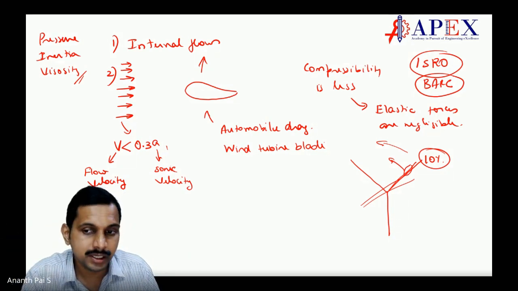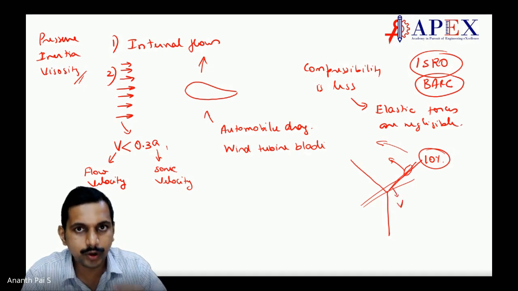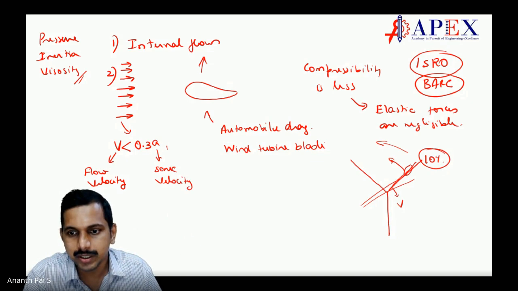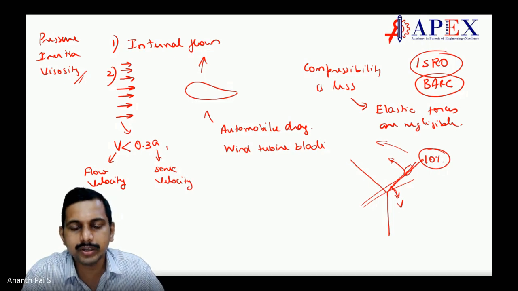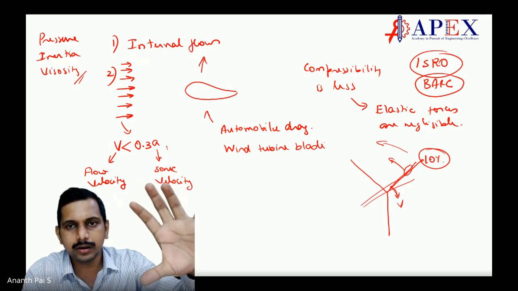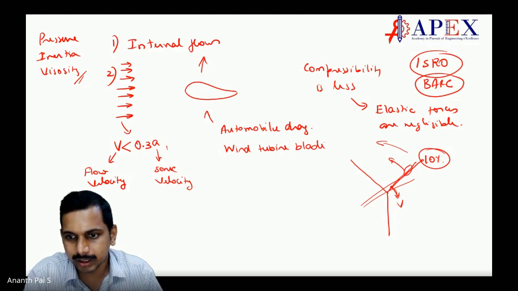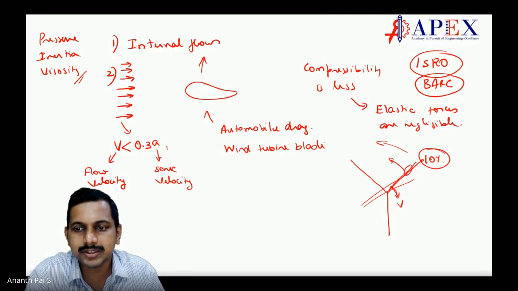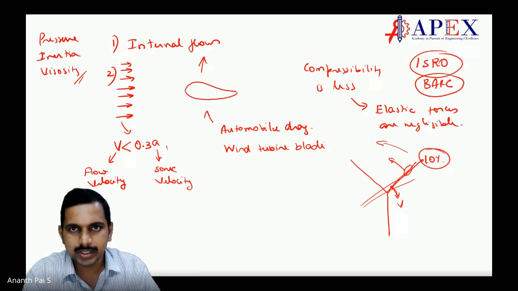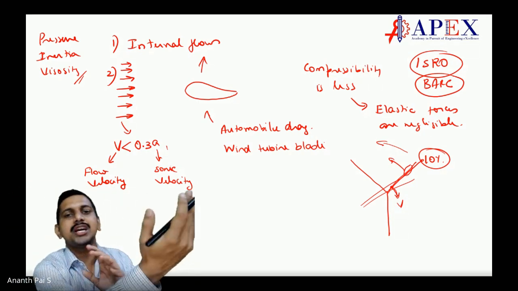Here it's very important that you have to do the velocity diagrams. When you take the velocity diagram, near the hub it is different and at the tip it is different. Don't think the velocity diagram for the whole turbine is the same. Accordingly, there has to be a change in the cross section.